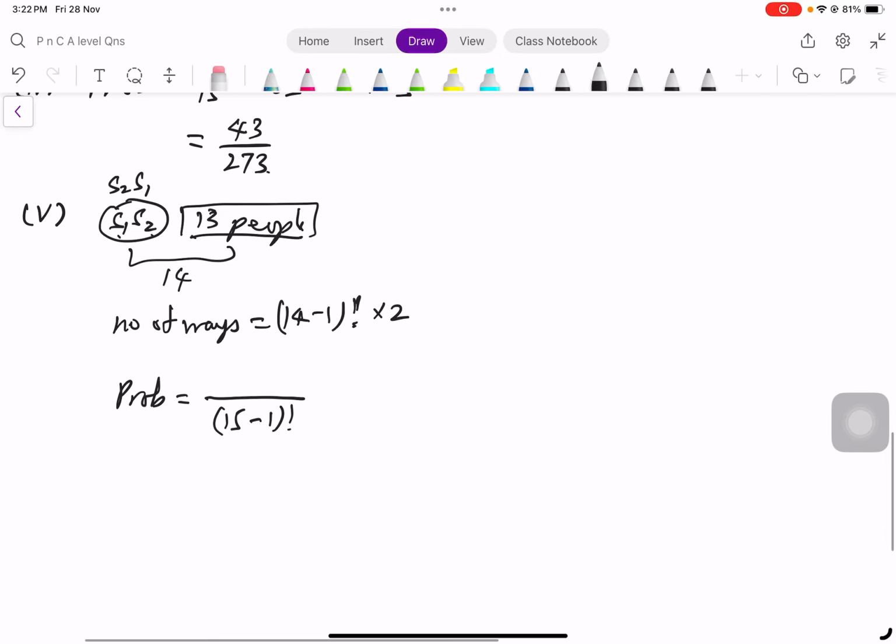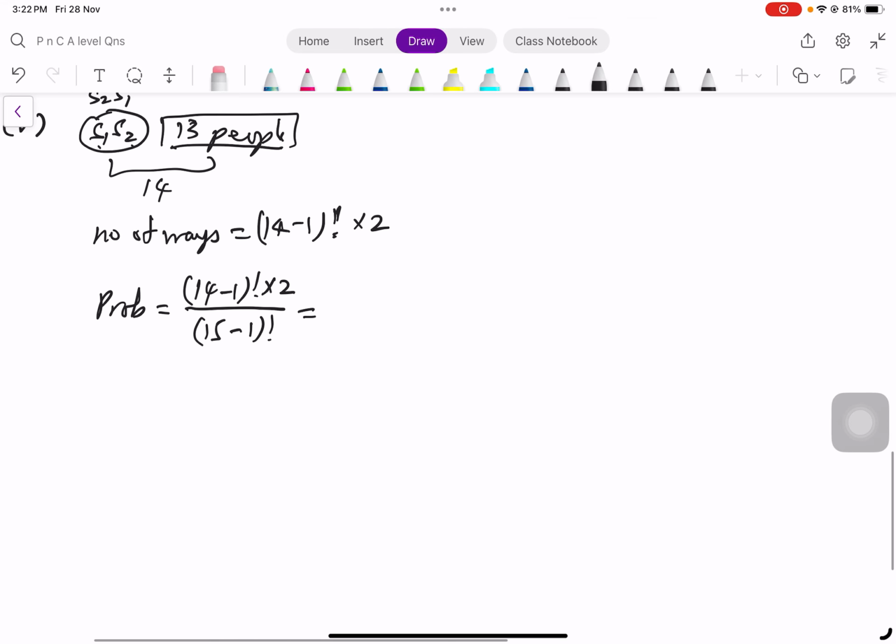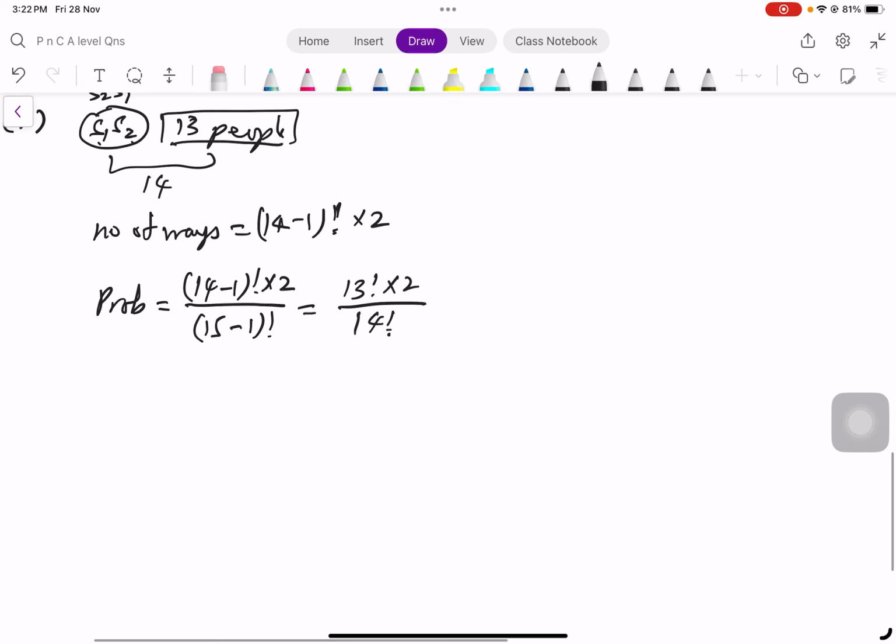The numerator is 14 minus 1 factorial multiplied by 2. Therefore, you get 13 factorial multiplied by 2 divided by 14 factorial, so you just get 2 over 14. That's it. And 2 over 14 is 1 over 7.